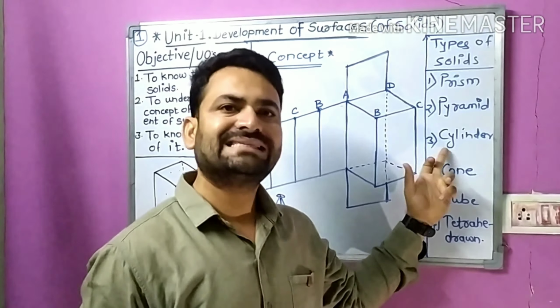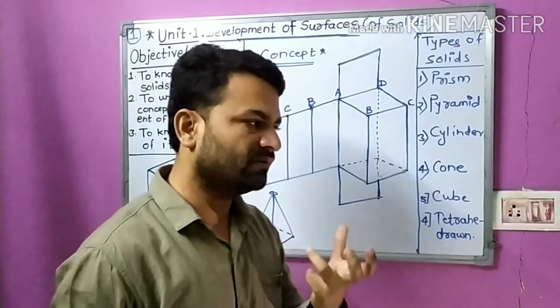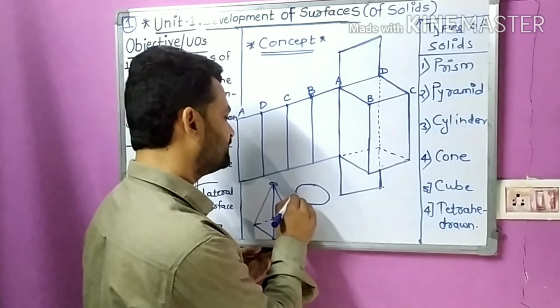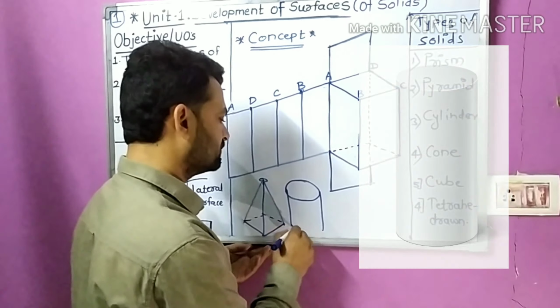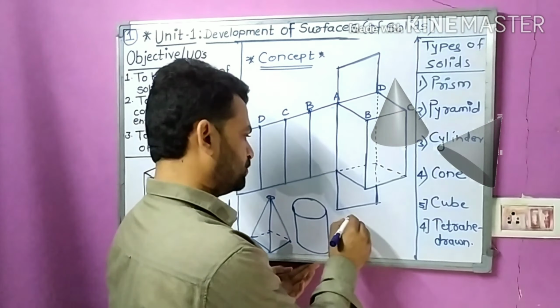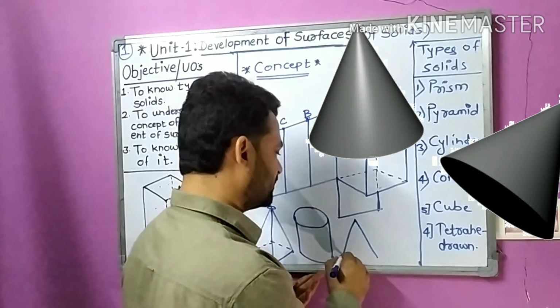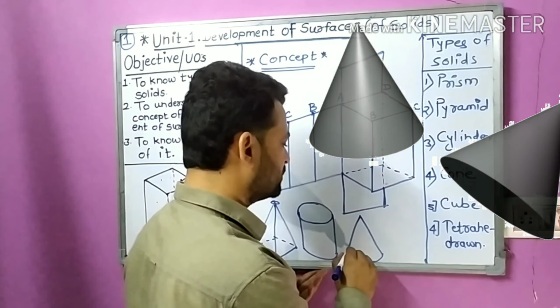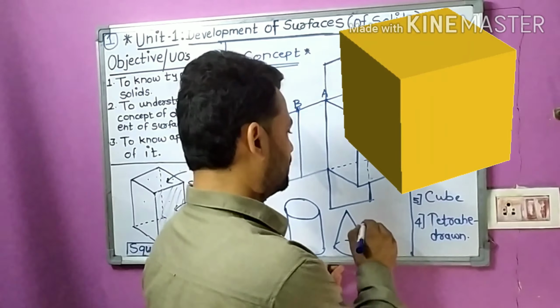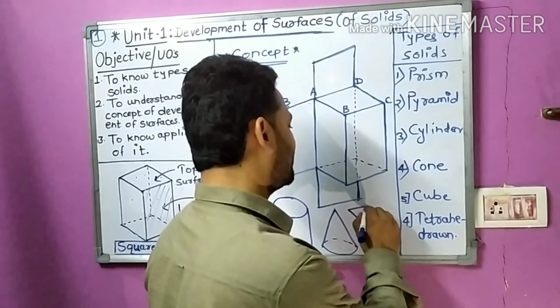The third type of solid is the cylinder. Everybody knows exactly the shape of a cylinder. So this is a cylinder. The next type is the cone. Everybody is again aware of the shape of the cone. So this is a cone. Fifth is the cube. A cube is like this. All surfaces are equal.